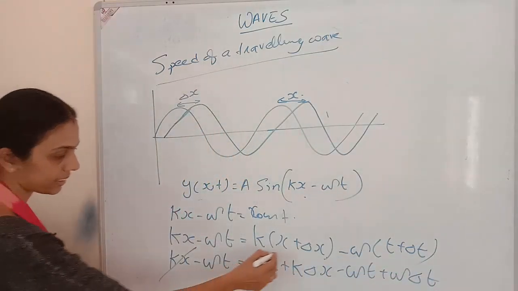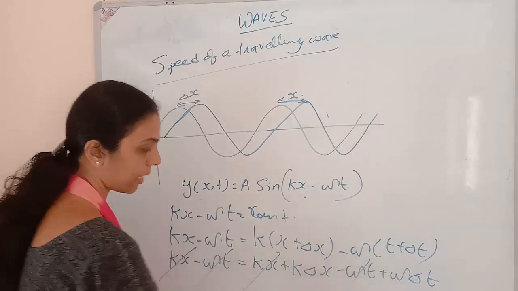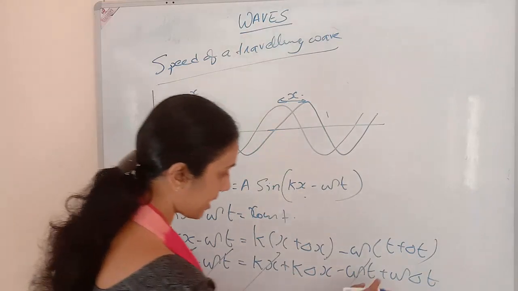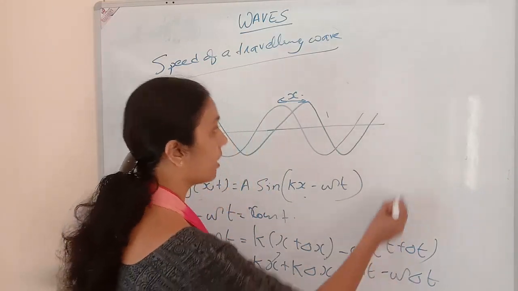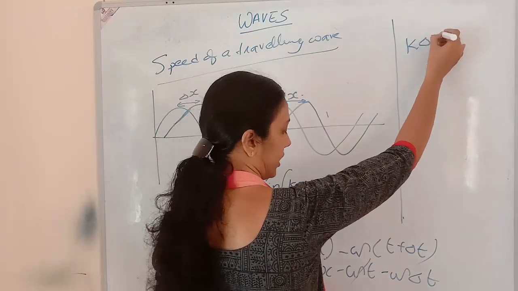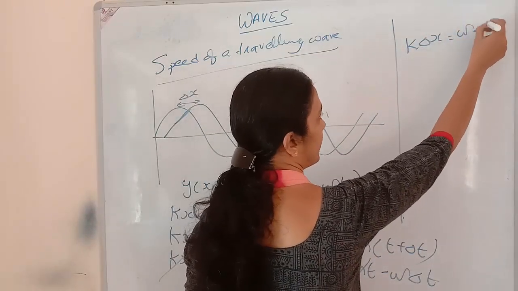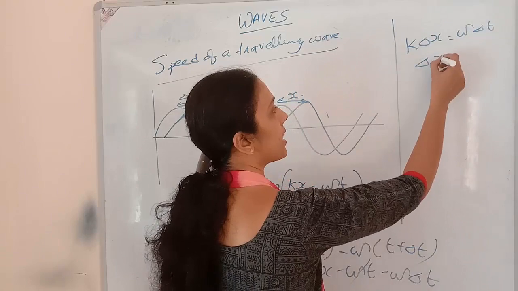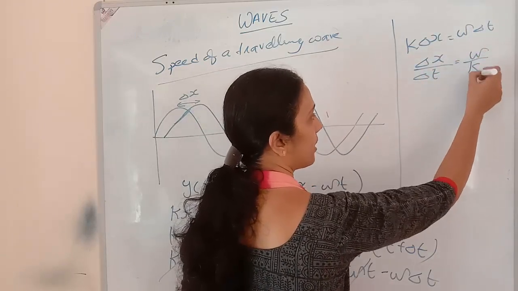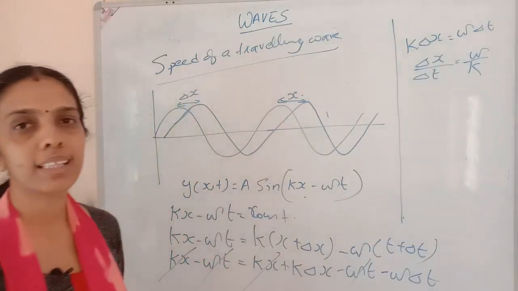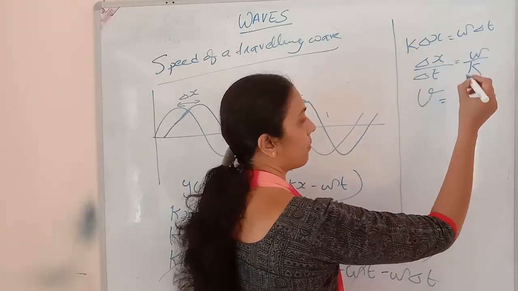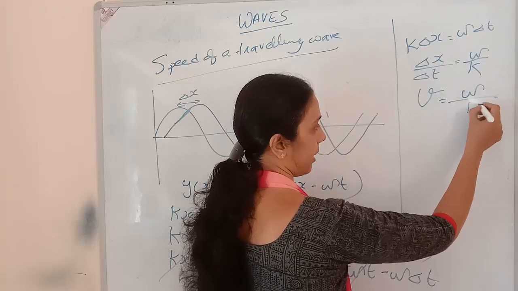So kx will cancel, and minus omega t will get cancelled. You will get k delta x equals omega delta t. So what is delta x by delta t? It will be omega by k. Dx by dt is the velocity or speed of the wave, omega by k.